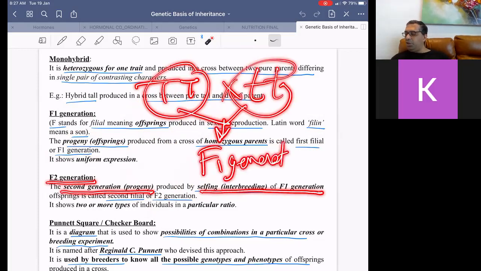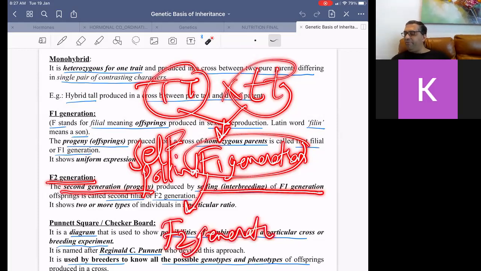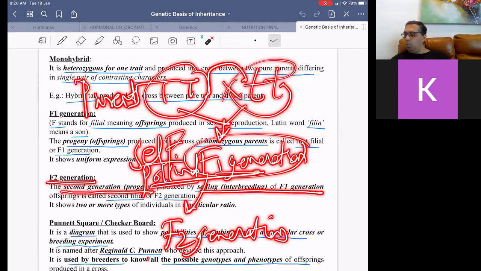And when you self pollinate the plants of F1 generation, that is called F2 generation. Selfing of F1 is F2. Cross pollination of parents is called F1, and self pollination of F1 produces F2.